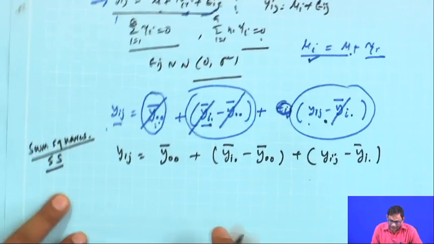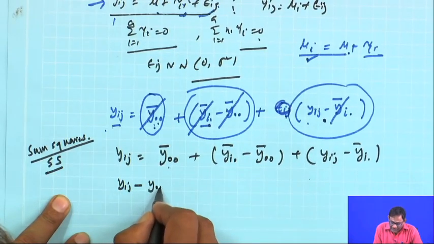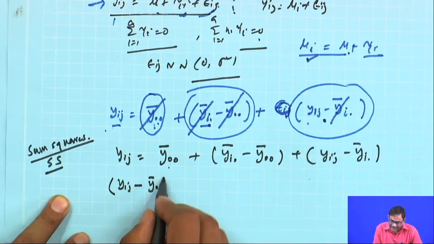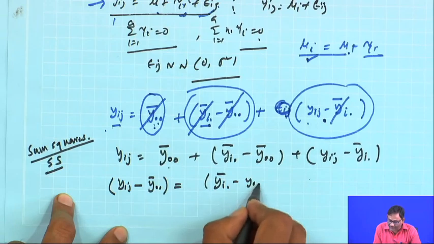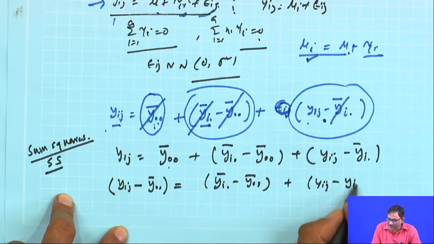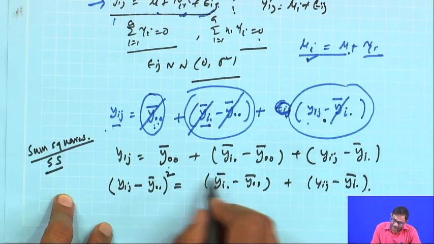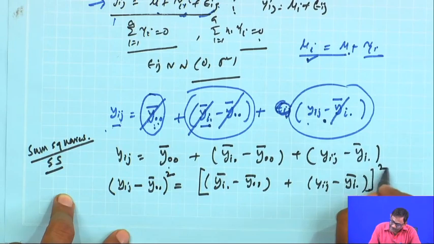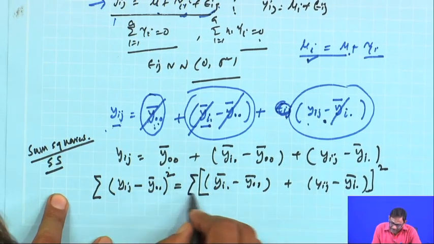You write y_ij minus y dot dot bar on the left-hand side, and the right-hand side will be y_i dot bar minus y dot dot bar plus y_ij minus y_i dot bar. Then you have to square it and take the summation.